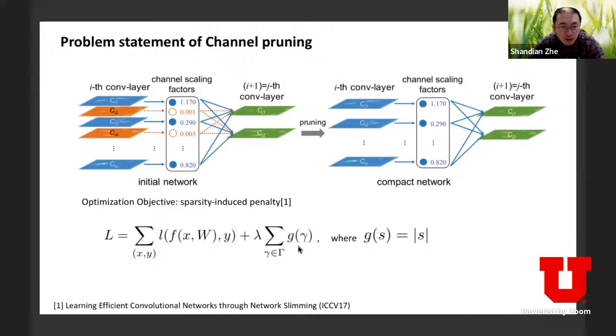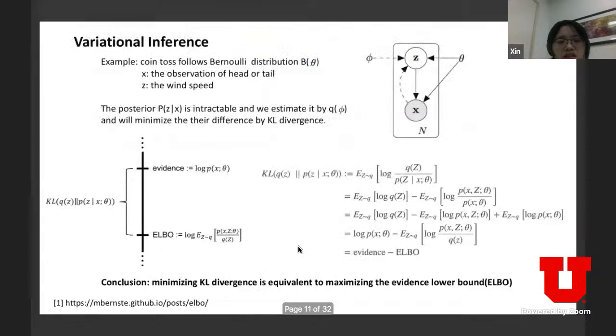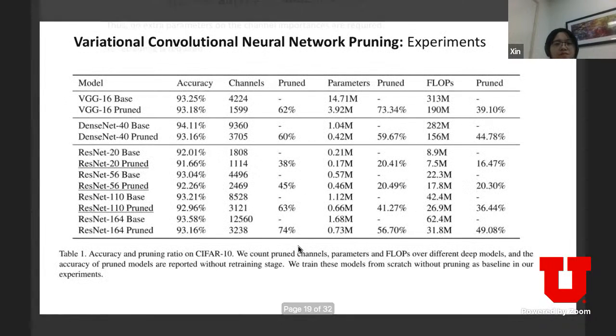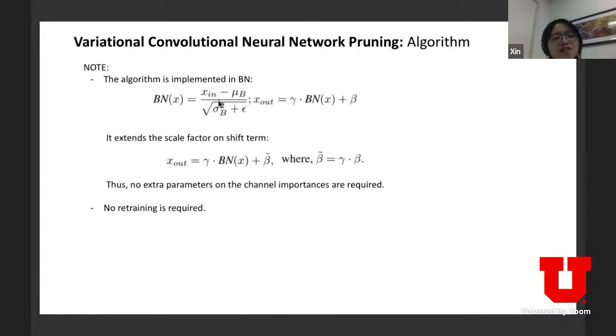The scaling factor is multiplied to the output of each channel. Yeah. Okay, so you actually have additional coefficients for the output. It can be implemented in many ways. In this paper, they use batch normalization. Here is the formulation of batch normalization.